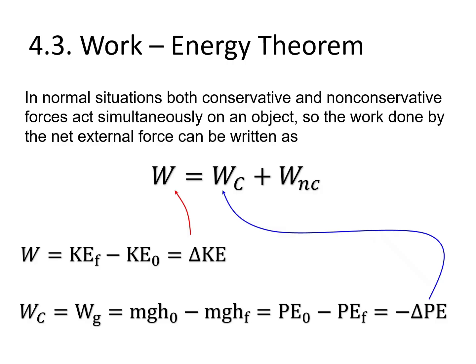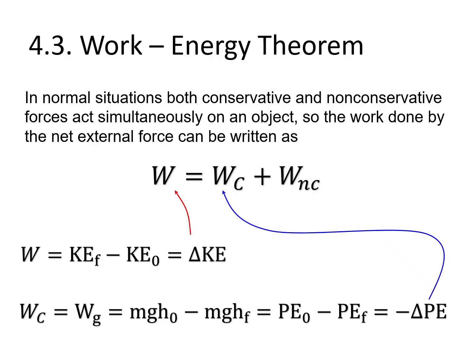From the work energy theorem, total work equals the change in kinetic energy. So W equals KE final minus KE initial, or delta KE.